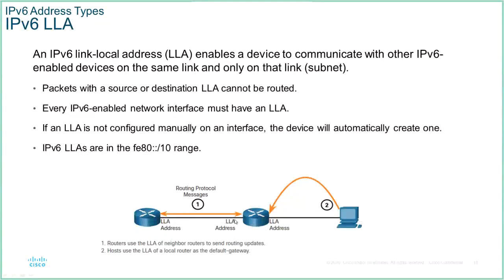But these addresses cannot be used to communicate to another network, so they're not routable. They're only used within the same network segment between the devices that share that segment. They are not configured manually. They are automatically created once the interface is active, and they start with FE80. So if you see an address with FE80, that's a link-local address.